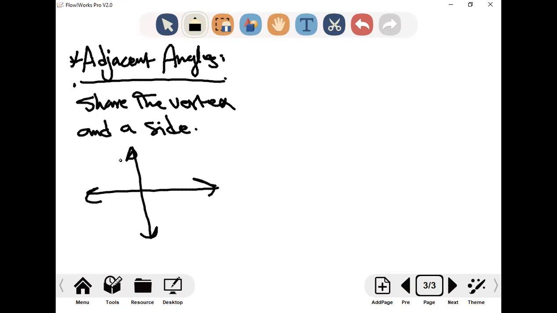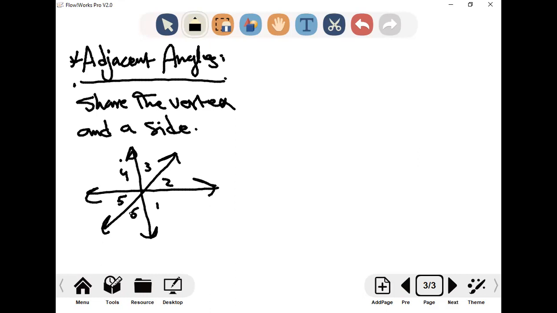For example, if we have this figure here, I will call the angles 1, 2, 3, 4, 5. Take a look at angle 2. Angle 2 with 5 is vertical. Angle 2 with 3 is adjacent. Angle 2 with 1 is adjacent.